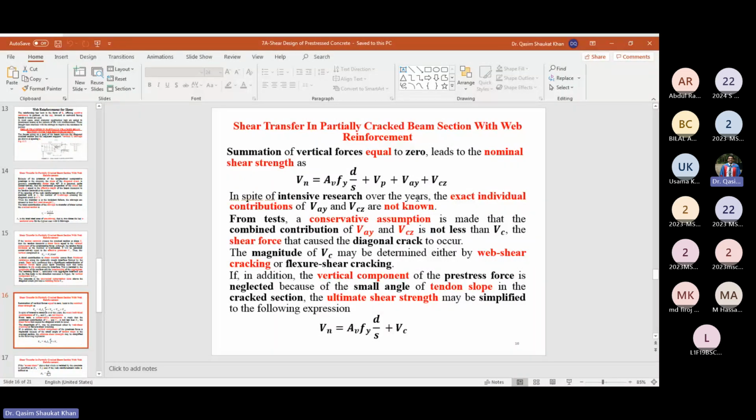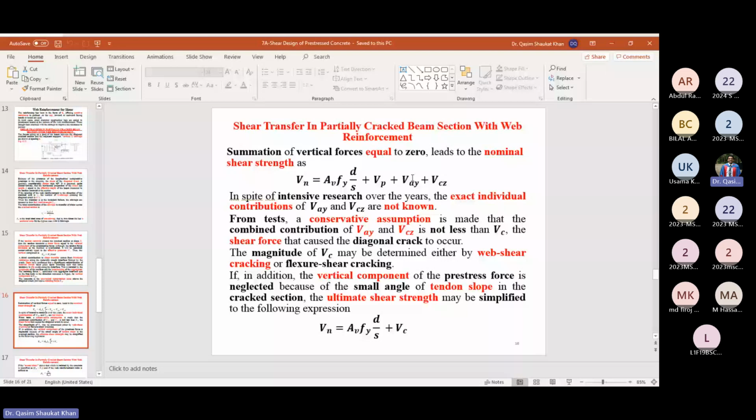After assuming these two things, we have the nominal shear strength expression as contribution from the steel plus contribution from the concrete. We have taken the contribution of U-shaped steel as it is. VP, which was the vertical component of the pre-stress force, we have ignored because the tendon slope is very small.